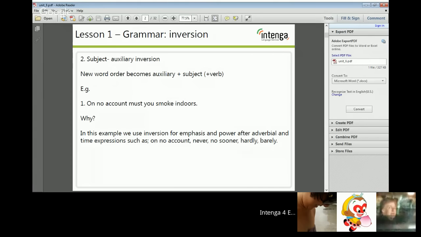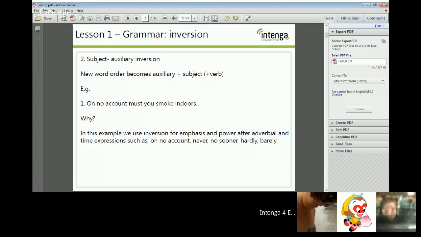All right? So if I say this sentence in the usual way, on no account, you must not smoke indoors. Mm-hmm. Okay, wow, it's confusing. It is. I think if you say on no account, you must not smoke indoors, if you say you must, it should be on no account, right?